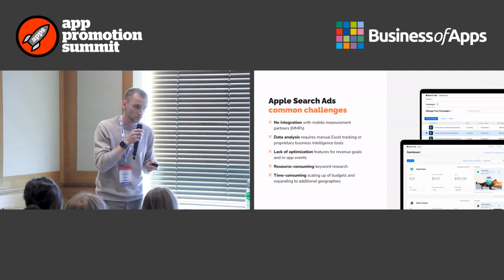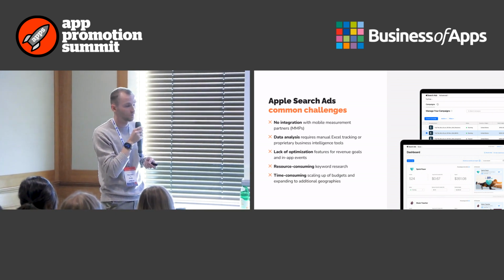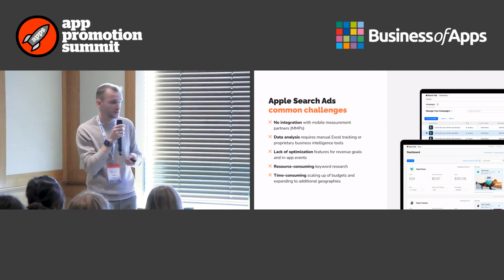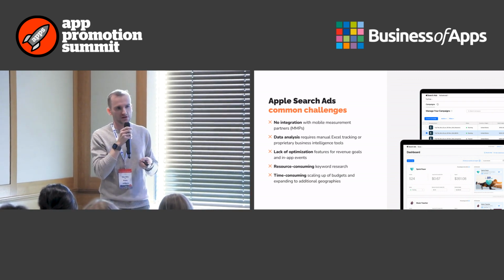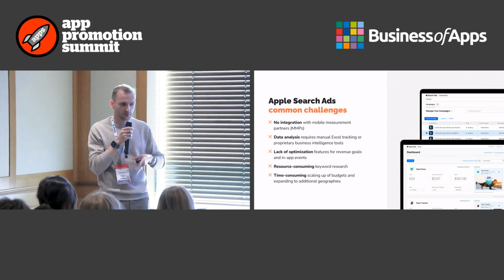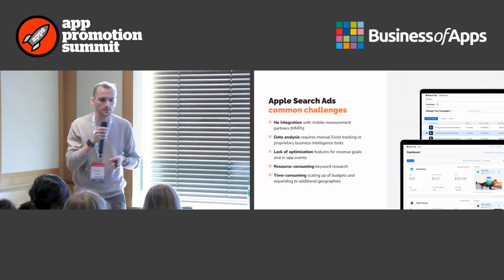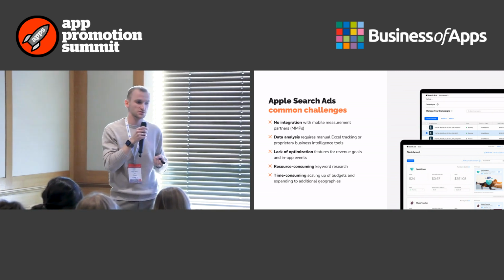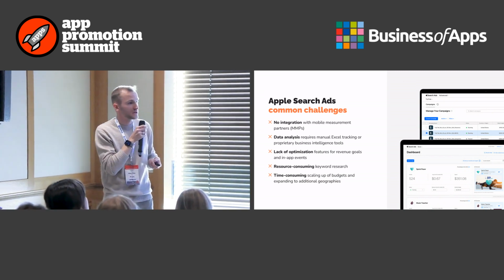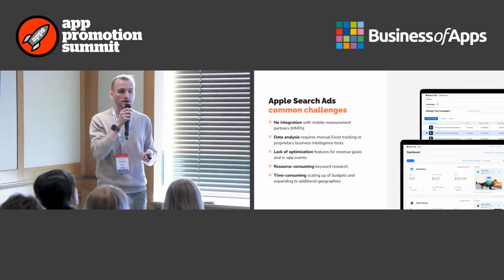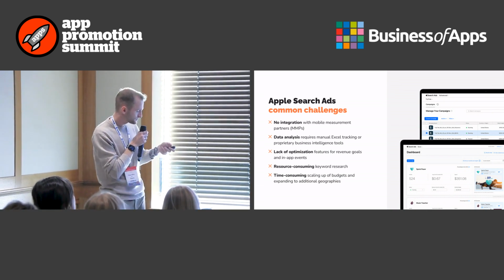And there are situations when you can have more than 1,000 keywords per country. It requires a lot of time to work with. So if you would like to have a few apps, for example, in 30 countries, and you would like to manage them properly, it will probably take a few full-time user acquisition managers.